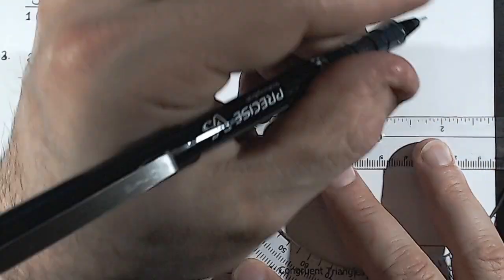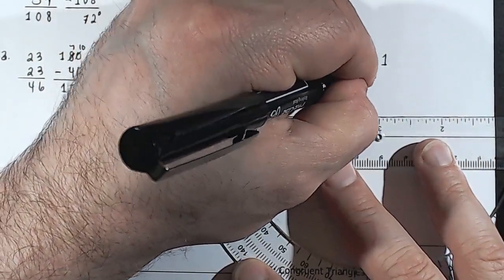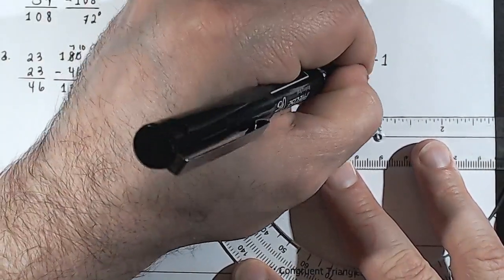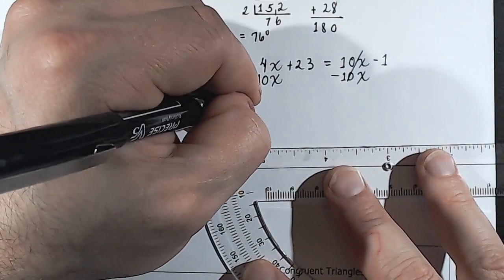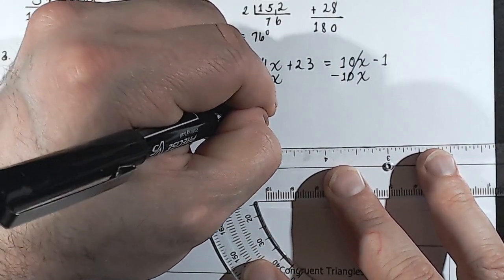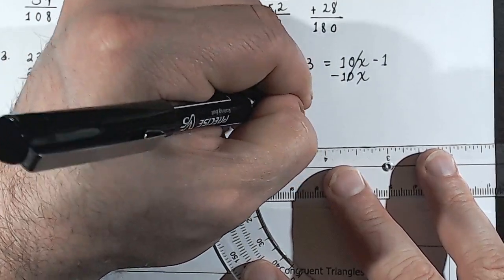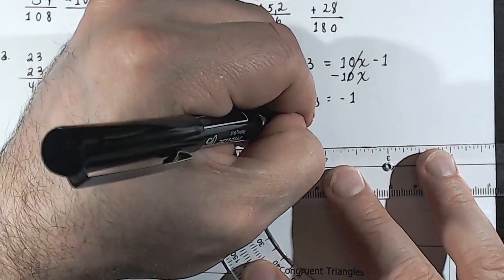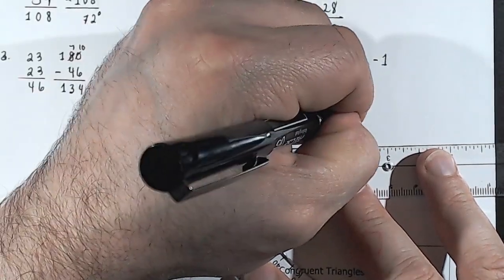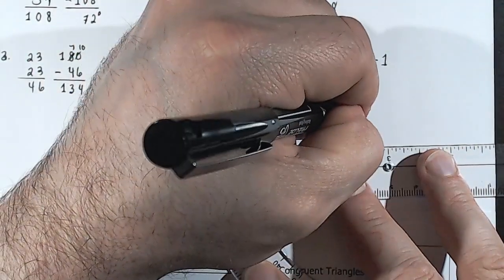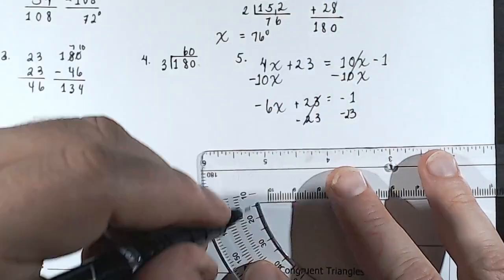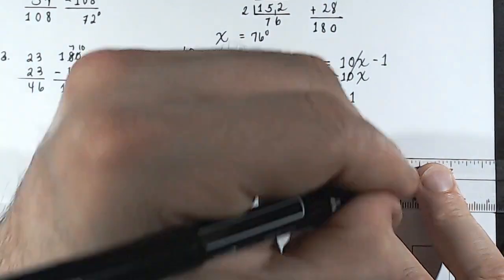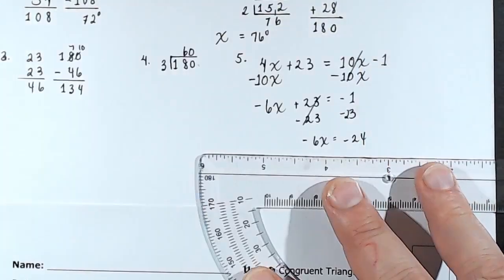So we'll solve for x on the left side. I'll subtract 10x from both sides. This gives me negative 6x plus 23 equals negative 1. And now I'll subtract 23 from both sides. Oops. So negative 6x equals negative 24.